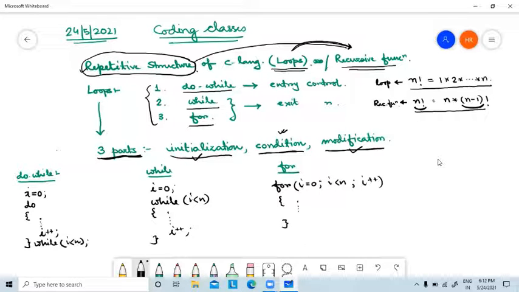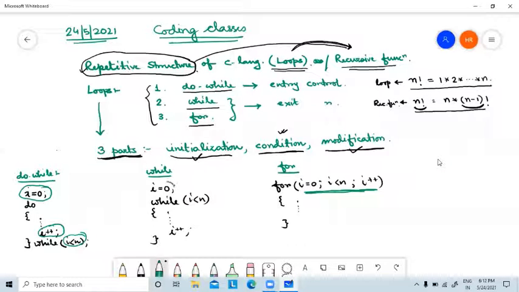And if you see the for loop, all three things are accumulated in a single statement, a single place. But in case of while or do while, they are in separate locations. Here is the initialization, there is the modification, there is the condition.